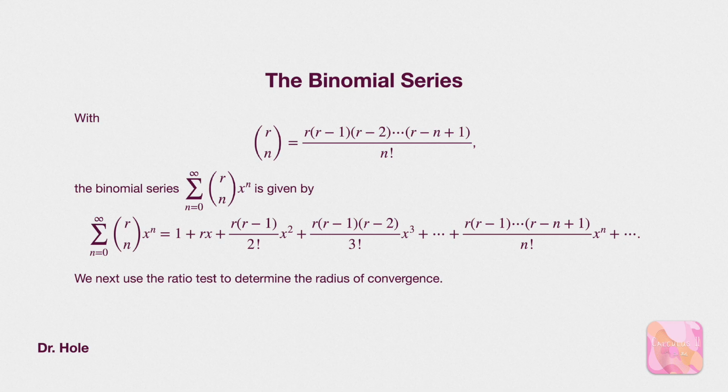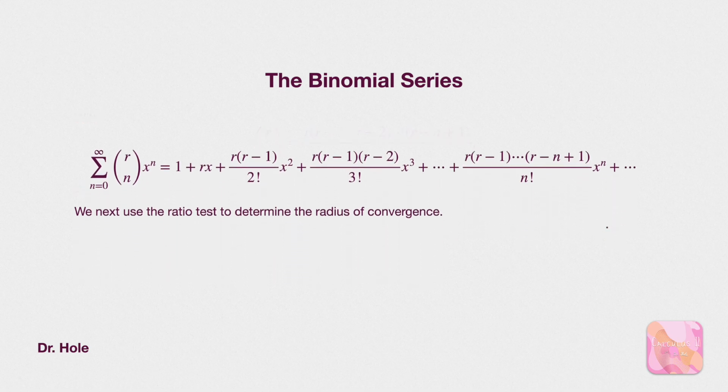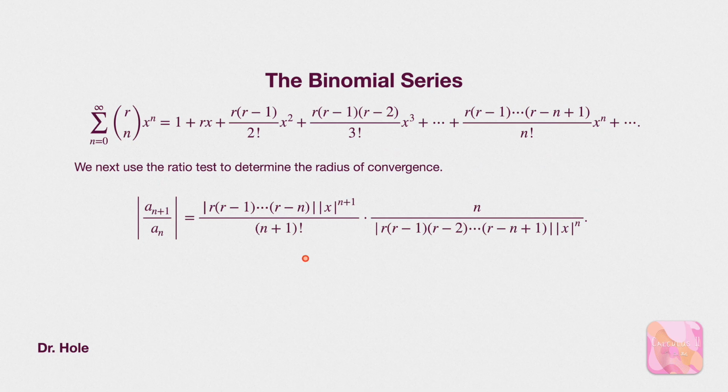All right, so now that we have an explicit form for the binomial series, let's use this explicit form to investigate the radius of convergence, and for that, we look at the ratio test. So here is the nth term in the expansion. To write down the n plus first term, the denominator is going to become n plus 1 quantity factorial. This is the ratio test, so we want to introduce absolutes.